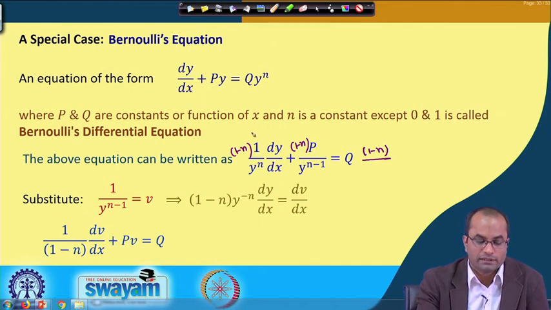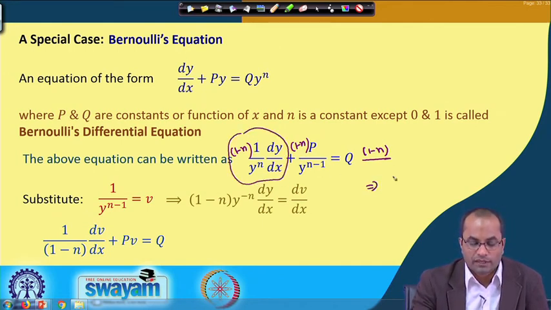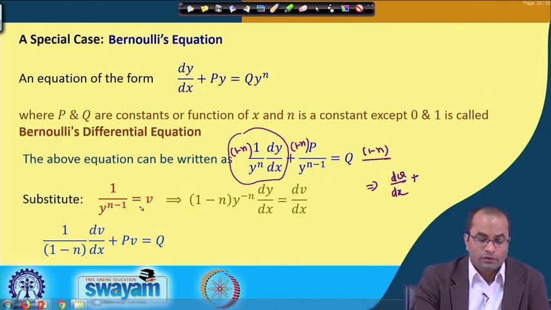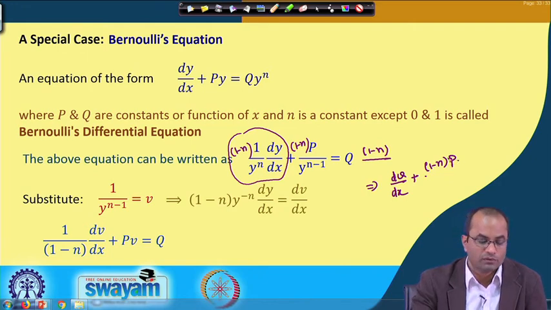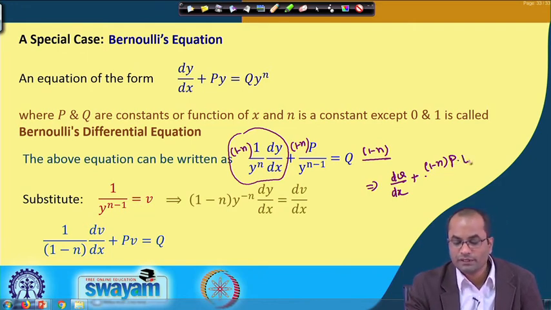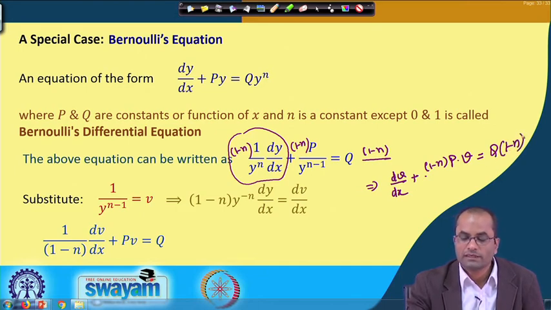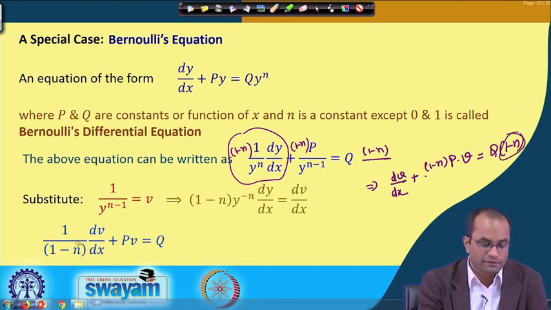So, this 1 minus n and y power n minus 1 with dy over dx will become dv over dx plus 1 minus n times p times 1 over y power n minus 1, which is v, and the right hand side is q with 1 minus n. Then we can divide again by this 1 minus n factor. So, we will get here 1 over 1 minus n dv over dx plus p v is equal to q.